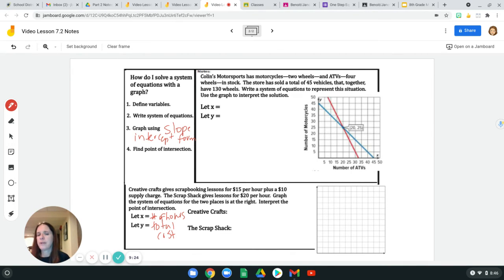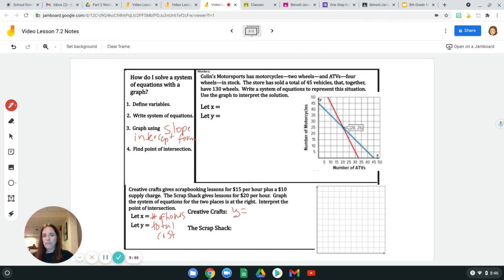Okay, so now we're going to write 2 linear equations based off of the information we know in the problem and using the variables x and y. So we're looking for the total cost if you decide to go do your scrapbooking at Creative Crafts. So we're going to start with y equals because we're calculating that total cost.